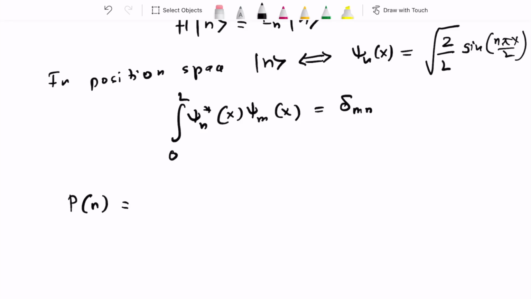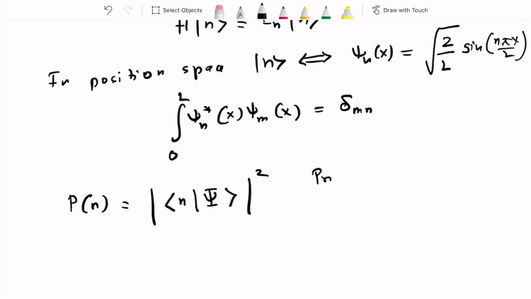According to the general statistical interpretation, that probability is just the square of this quantity, and this quantity is called Cn in general, and it's equal to the product of the particular eigenstate whose probability you're calculating and the state of the particle.